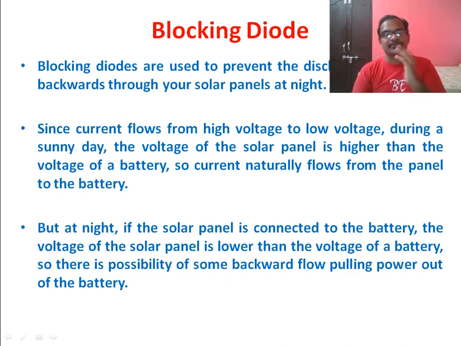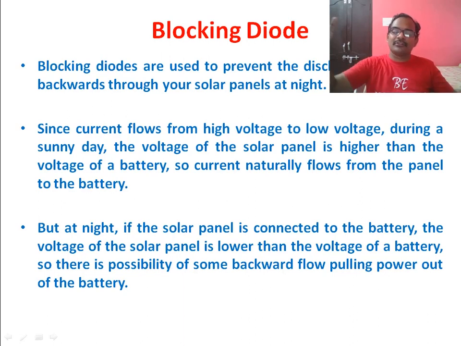During the night times, what happens now? Sun is not available and the voltage generated by the solar panels is zero or very low, whereas the battery is fully charged during the daytime. Now the voltage of the battery is very high compared to the voltage of the panels, because there is no sun and there is no generation.